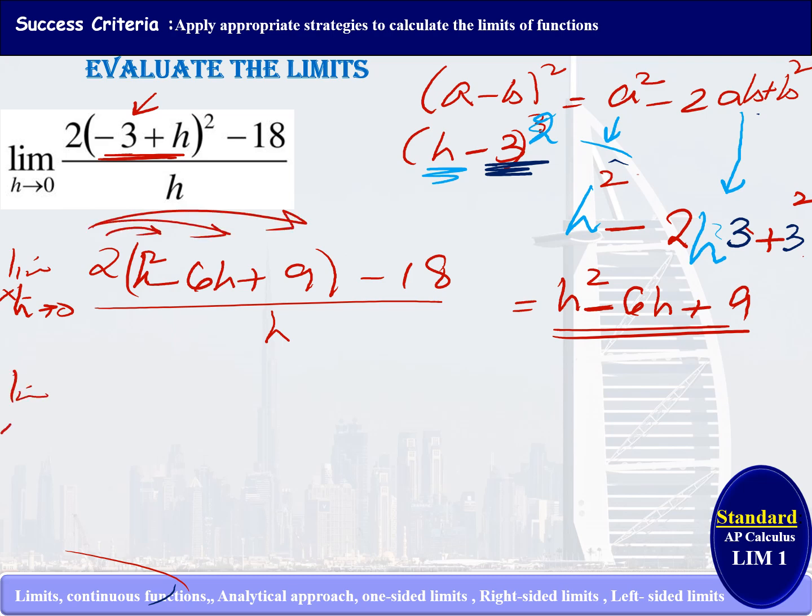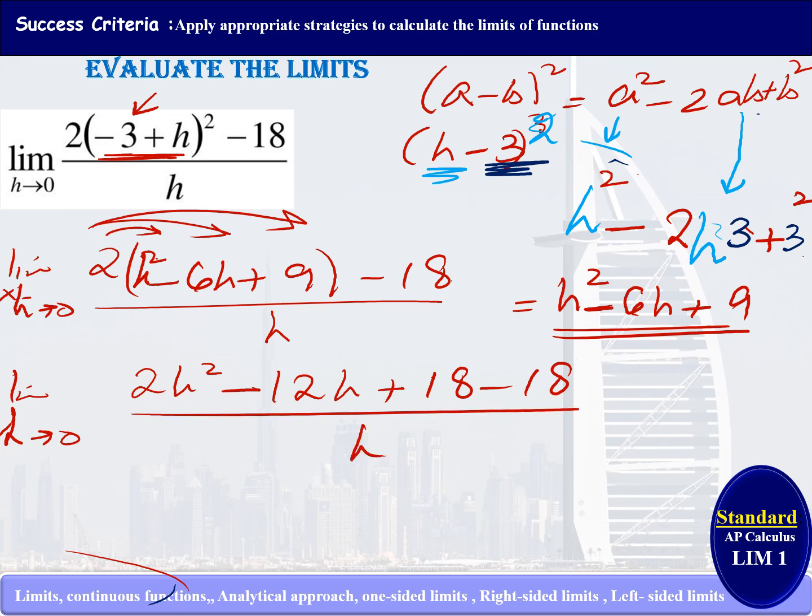I will get limit h approaches 0. So what I will get, 2h square minus 2 times 6 is 12h plus 2 times 9 is 18, and this minus 18 is outside. And in the denominator h. Now plus 18 and minus 18 cancel out.